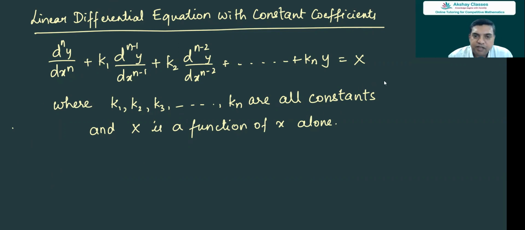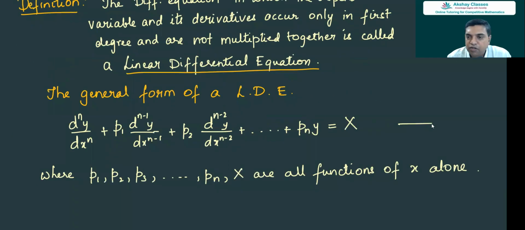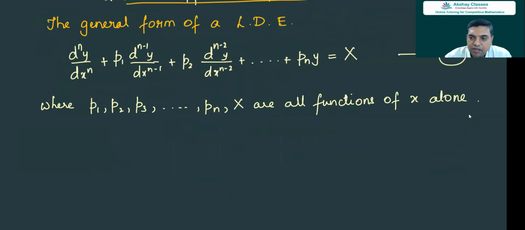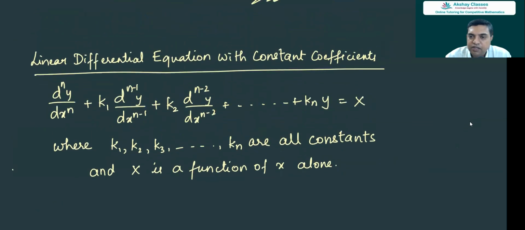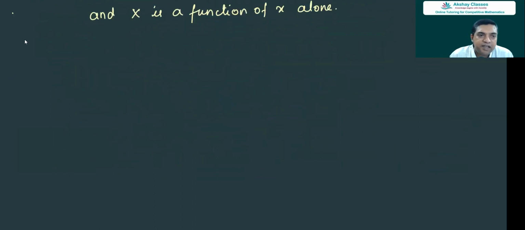So in this particular equation, let us call the earlier equation 1 and this equation 2. Then we have the homogeneous linear differential equation with constant coefficients.